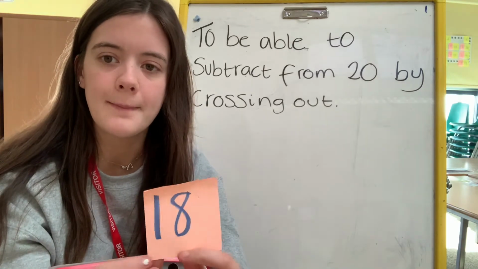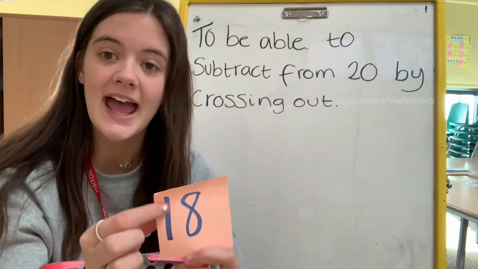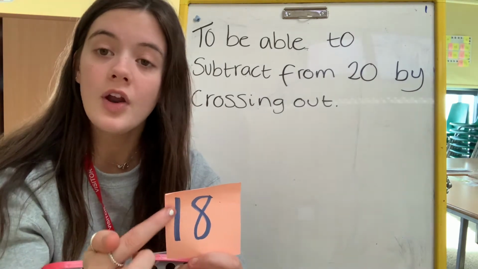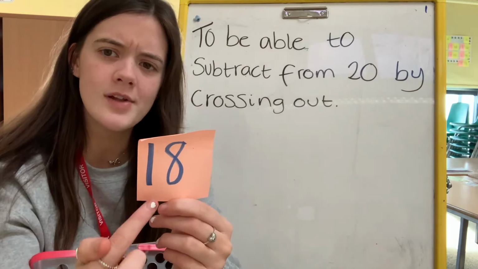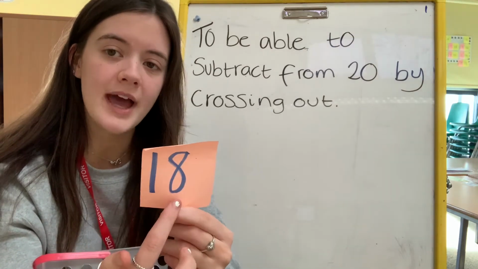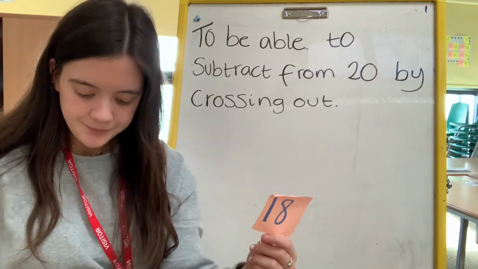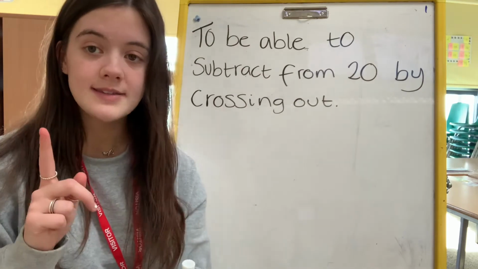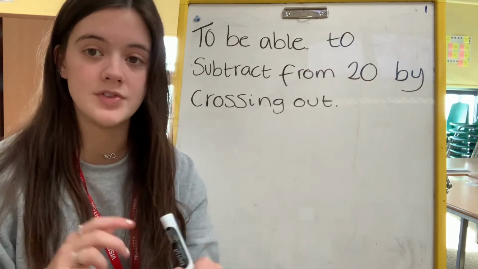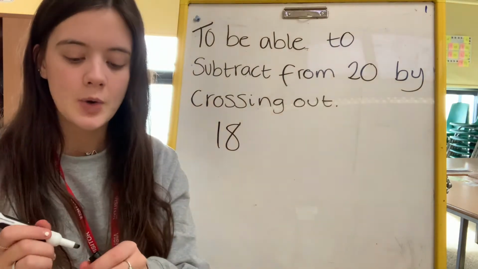We know that because we know that this represents 10, doesn't it? So this is 1 ten. And then how many ones do we have then? If we have 1 ten, how many ones do we have? We have 8 ones, don't we? So we know that we have 1 ten and 8 ones. And we write the number 18 like this. Okay, amazing.